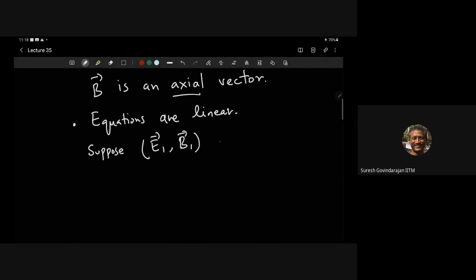Suppose E1 and B1 are solutions to ME with sources rho 1, J1.